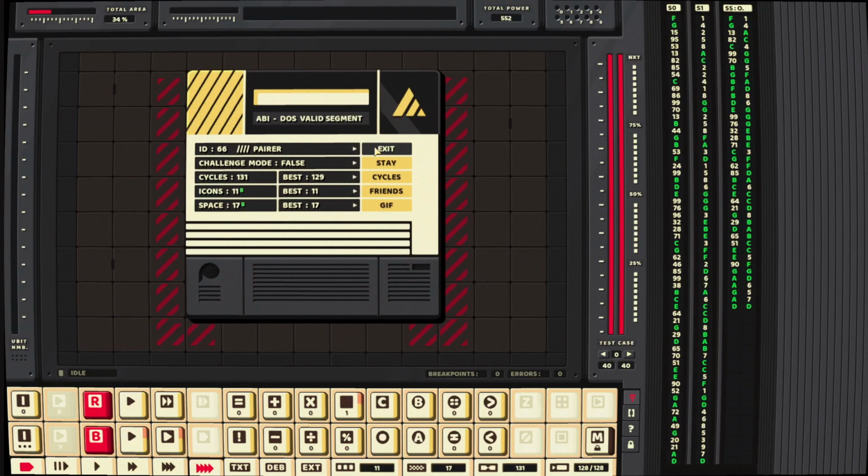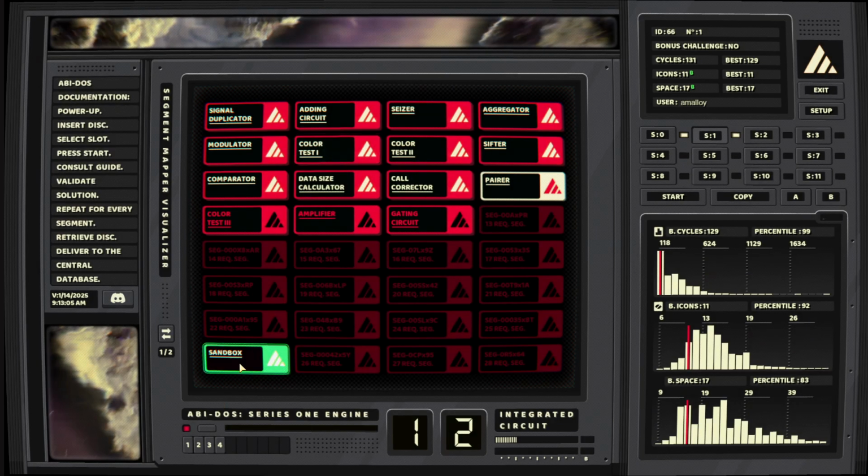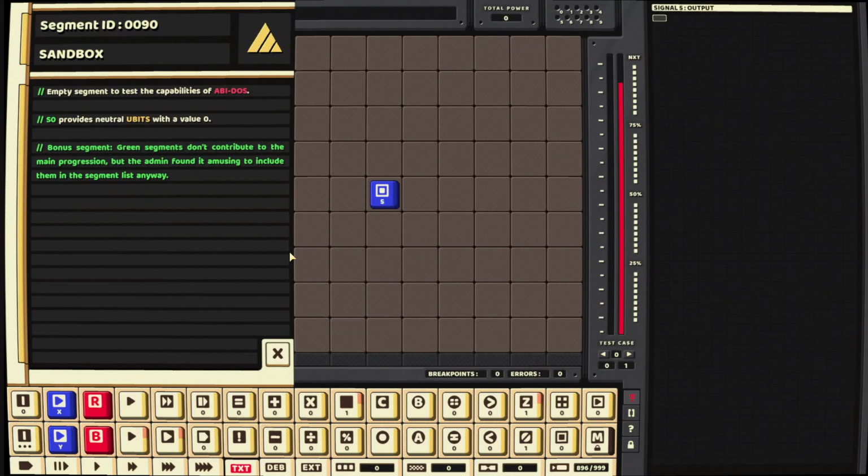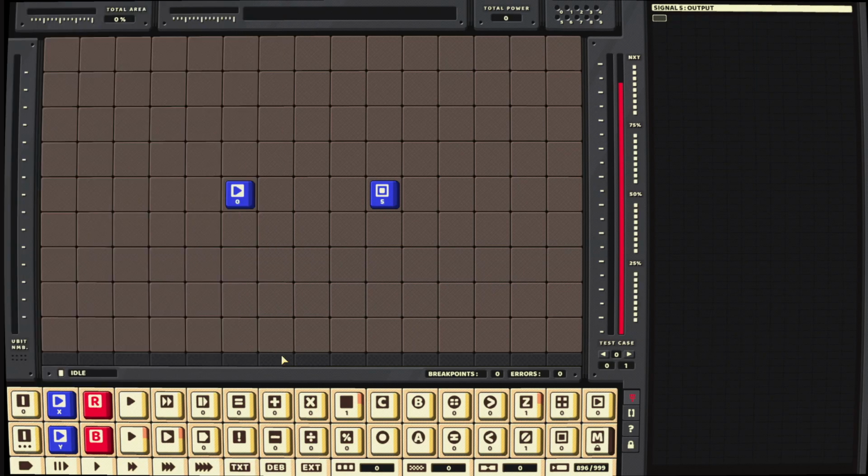Actually, I want to test something before we go. What happens if U-bits kind of pass like ships in the night? Green segments don't count. Yeah, okay.